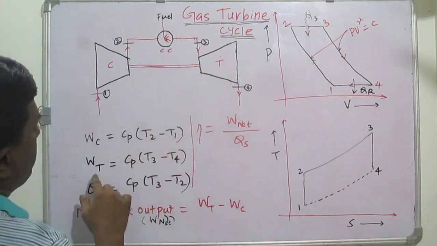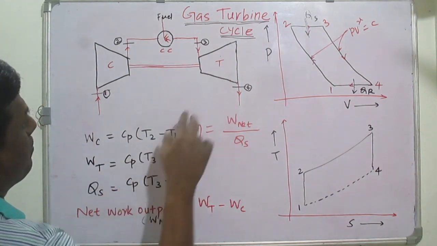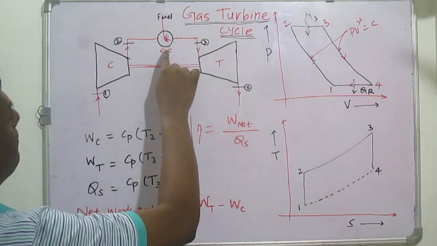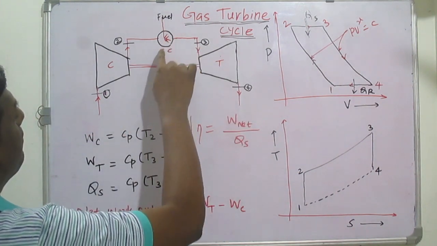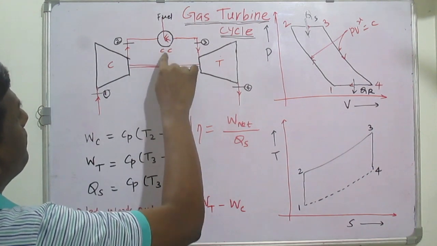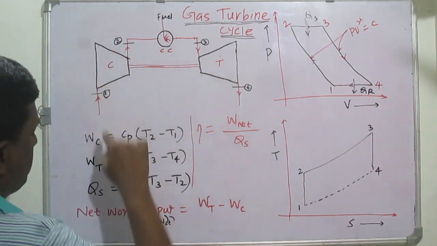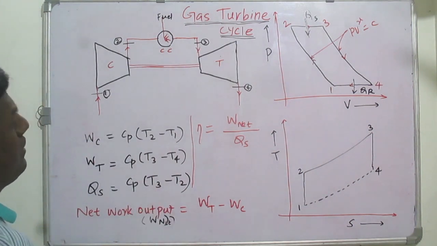Similarly, turbine work is T3 minus T4, between points 3 and 4. Then heat supplied is due to the combustion where fuel is added, between 2 and 3, that is Cp(T3 minus T2).